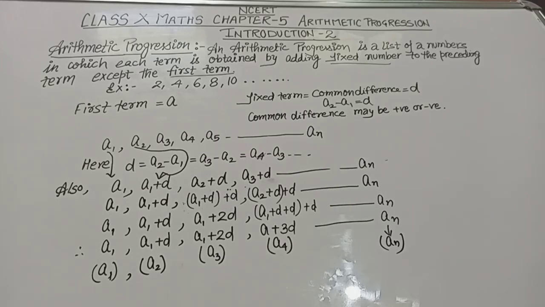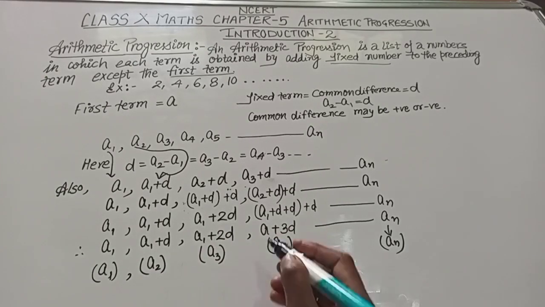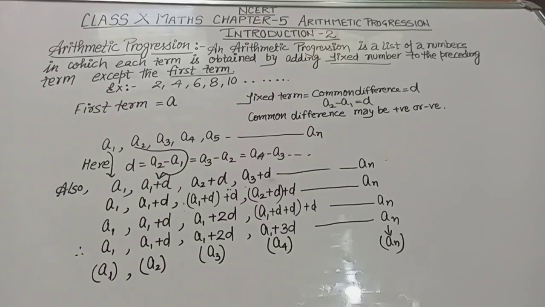So you can observe that A1 is A1, A2 is A1 plus 1D, A3 is A1 plus 2D, A4 is A1 plus 3D. If it is the 2nd term, there is 1D.